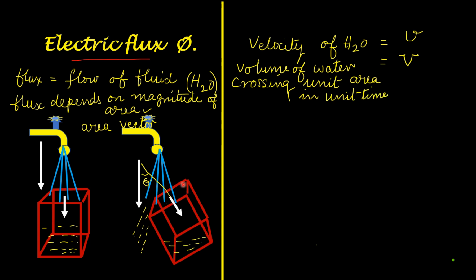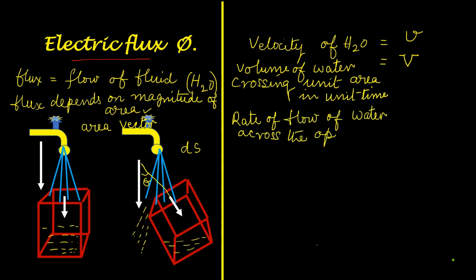But here we have considered a certain area which we may represent as ds. Then the rate of flow of water across the area will be given by V ds.